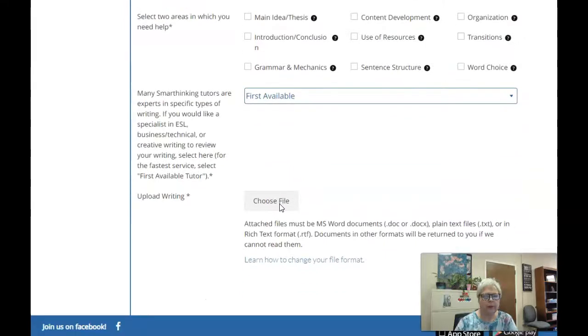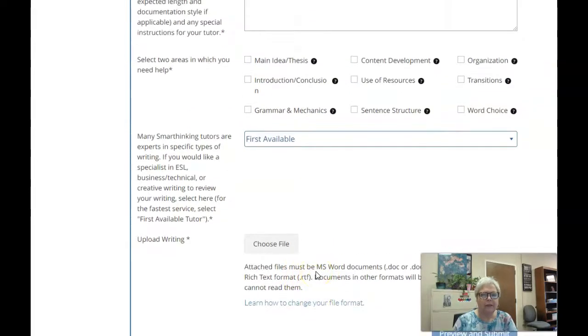Remember, the only files that Smart Thinking can accept are Word documents, plain text files that end in .txt, or rich text format .rtf documents. When you download your Google document, you can just save it as a Word document. It cannot read PDFs, so don't do that. The easiest thing is just to save it as a Word document, because that's the first thing it mentions up there.